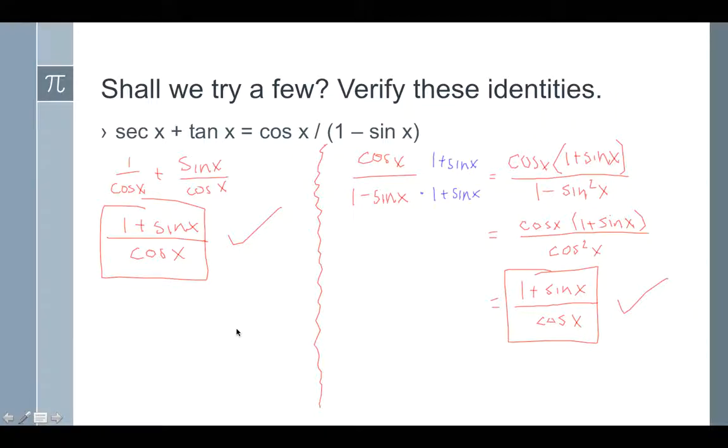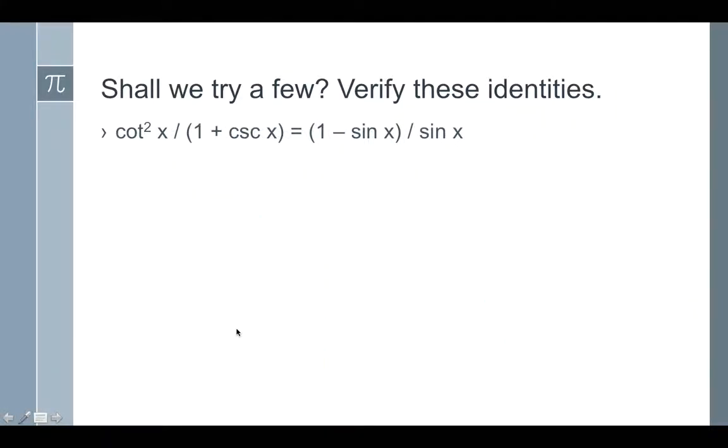All right, let's see what I have next here. Cotangent squared over 1 plus cosecant. All right, I'm going to take, let's say, the left side.